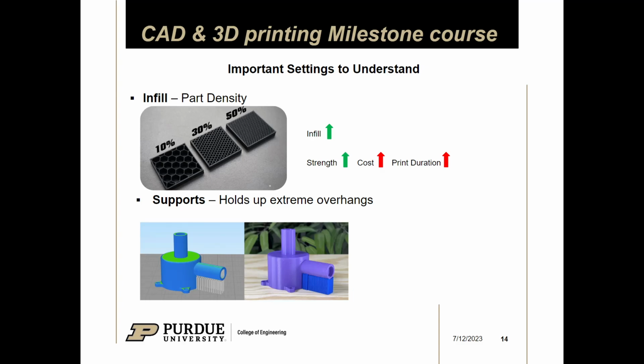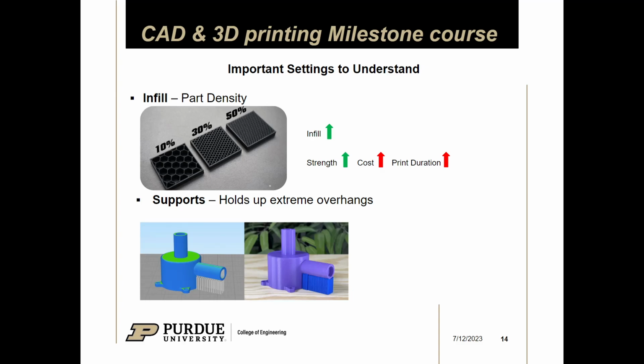So you see on the left, there's 10% infill, so you can see it's very hollow. And then as it progresses to 50%, you can see how the mesh on the inside gets denser. So again, if you want higher infill, it will become a stronger part, but it'll take more time and you'll be using more material.